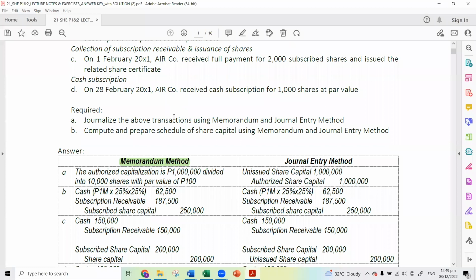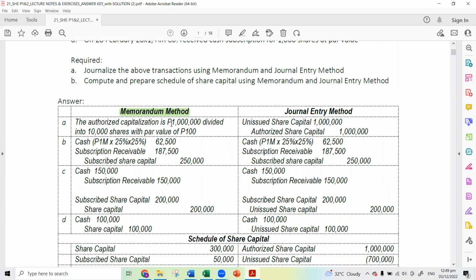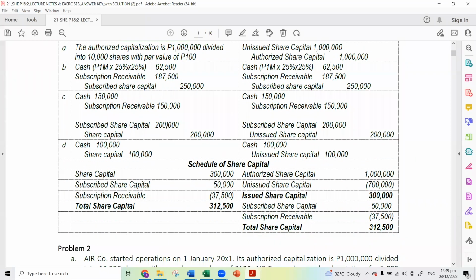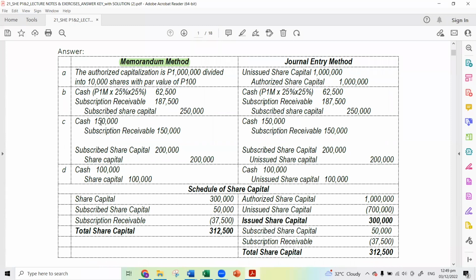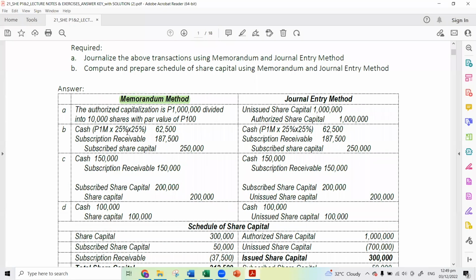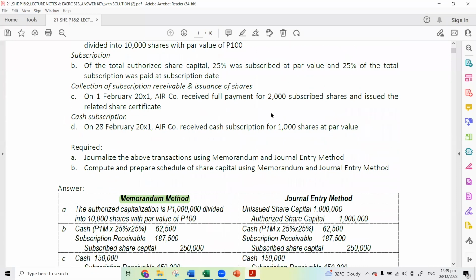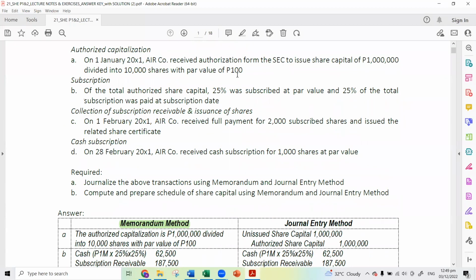So, the entry for this, since may collection, okay, this is 150,000. Paano nakuha yung 150,000? The subscription price is 2,000 times the par value of the shares, which is 100, no? So that is now your subscription price, no? So that is 200,000.